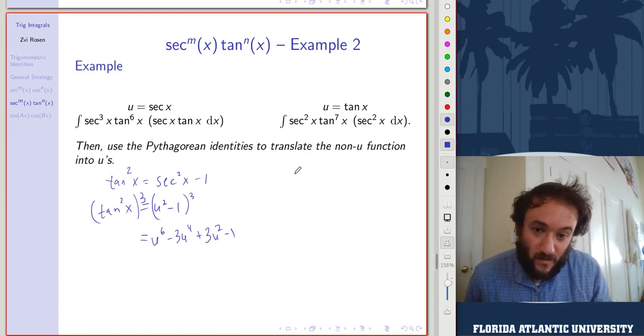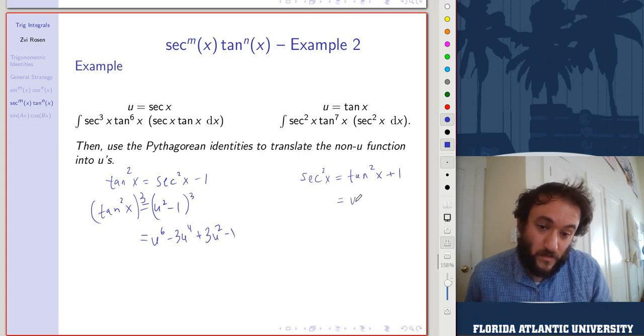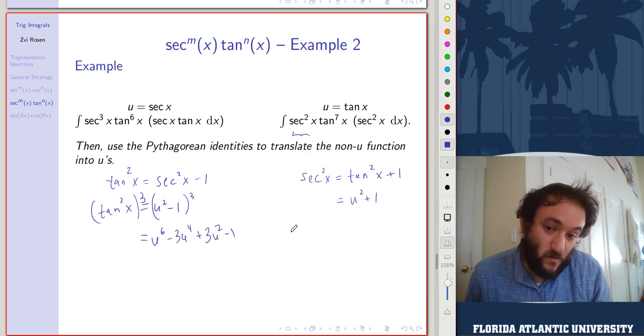Whereas over here, if I take u equals tangent x, and then we're looking at converting the secants into tangents, we have secant squared x equals tangent squared x plus 1, or in other words, u squared plus 1. And then we're done because we only have secant squared.